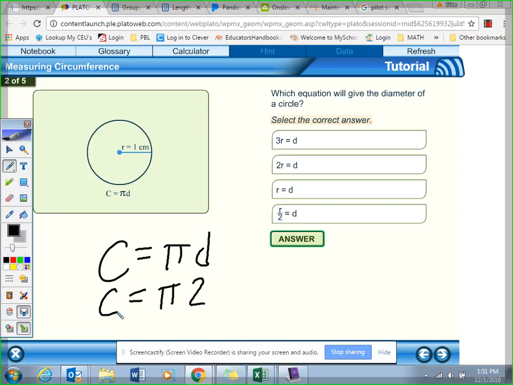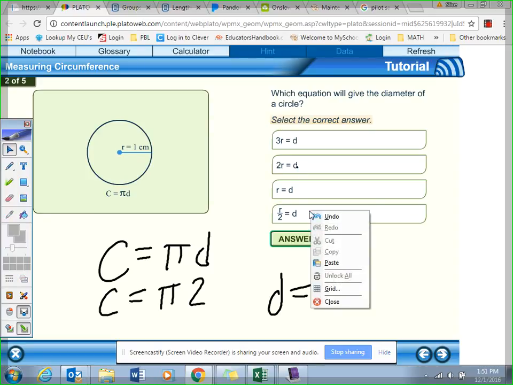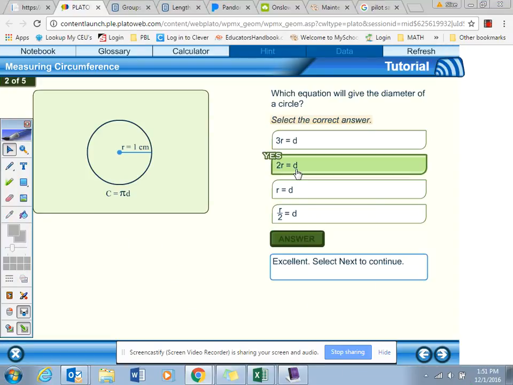If I just want to get the distance of the diameter, the diameter is equal to, this is like a silly question, 2 times whatever the radius is. So that's why that one's the answer. Like, you know that the diameter is 2. What would give me that? This one. All right? Cool. So you're good.